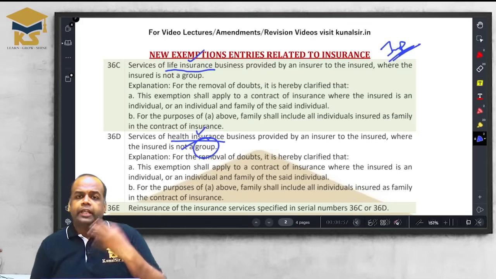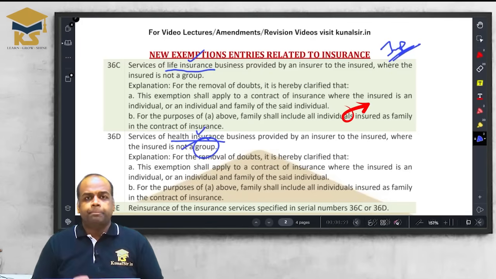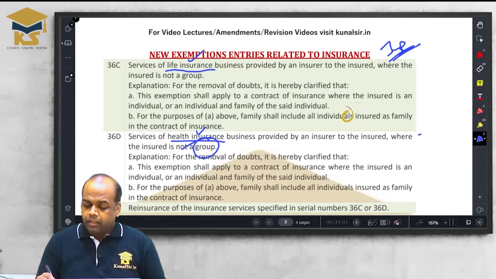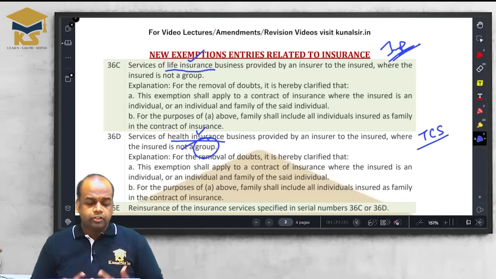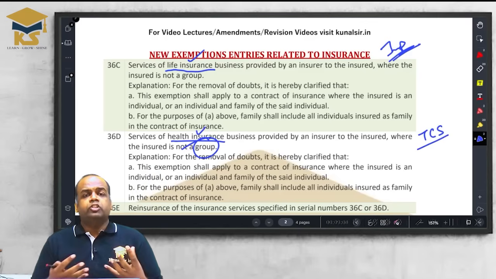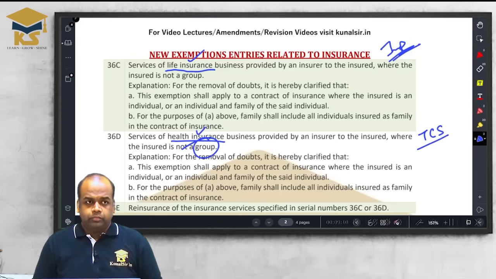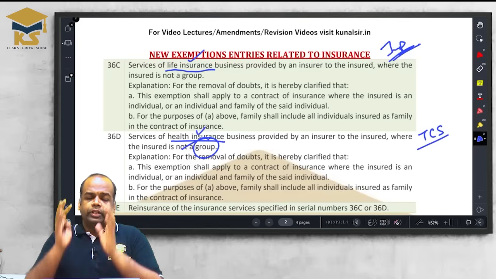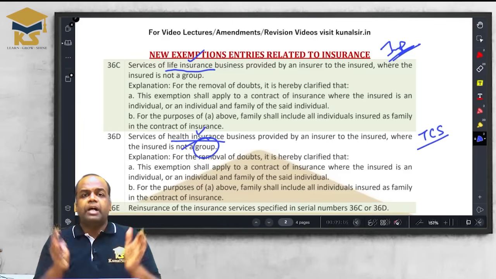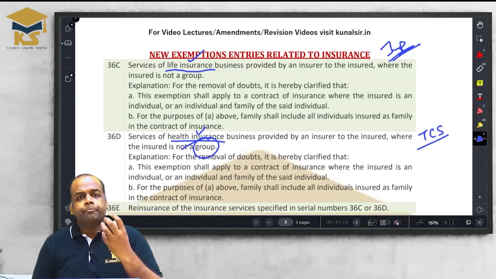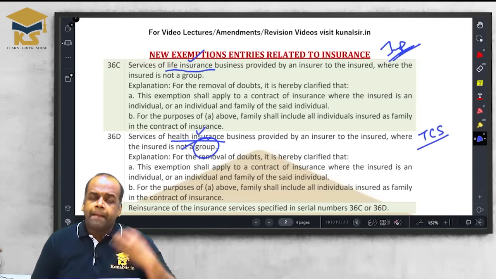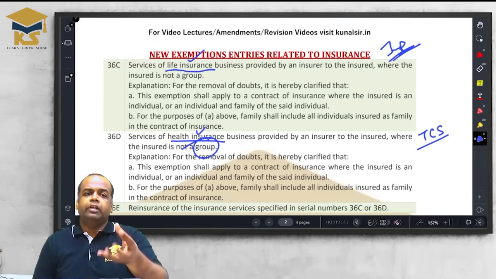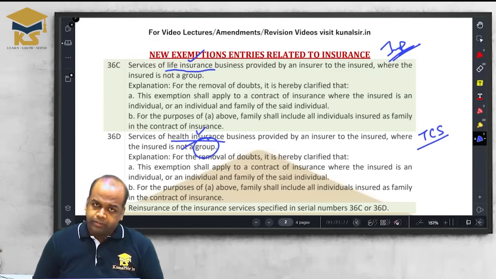Now an employer takes health insurance for all its employees. Say Tata Consultancy Services, a बहुत बड़ी company, a very big organization. Now they want to take health insurance of their each and every employee. So how will they manage it? So TCS will take a master health insurance policy and each employee of that company will be the part of that policy.